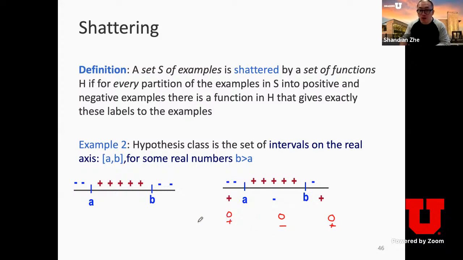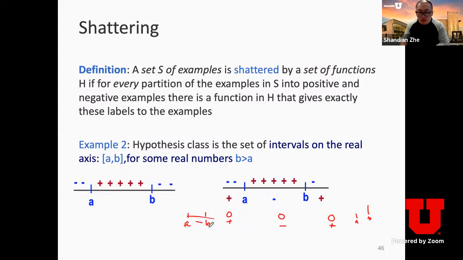To see that, you can try all kinds of positions where you can put A and B. The very first position you put A and B can be here, and all the 3 points will be classified as negative, of course. They're wrong predictions. Similarly, if you put A and B here, you get similar results.